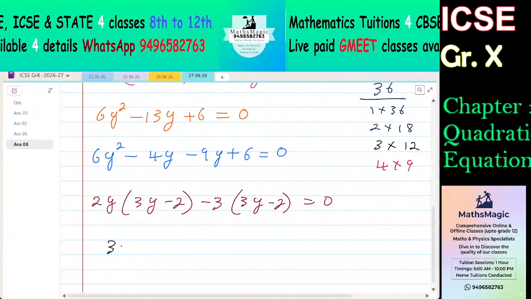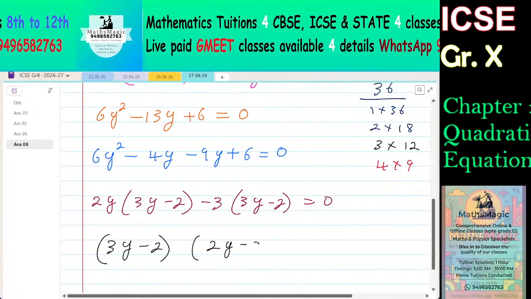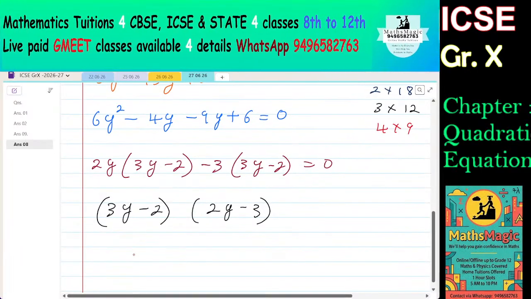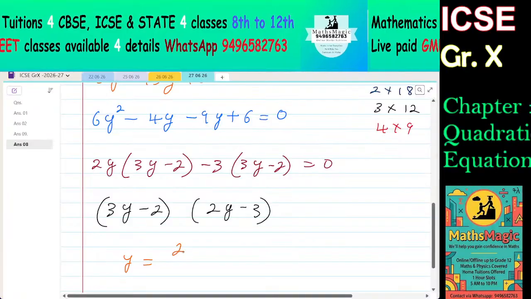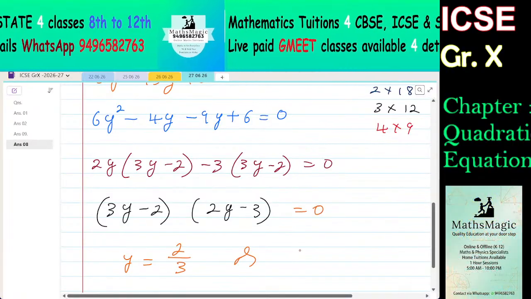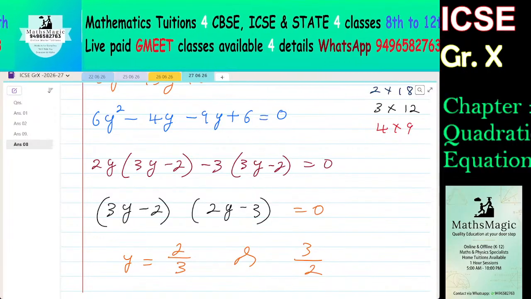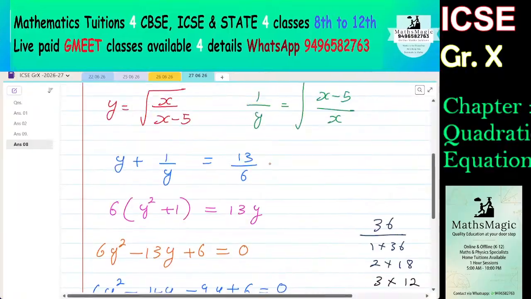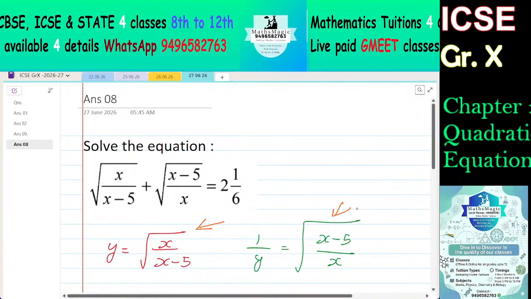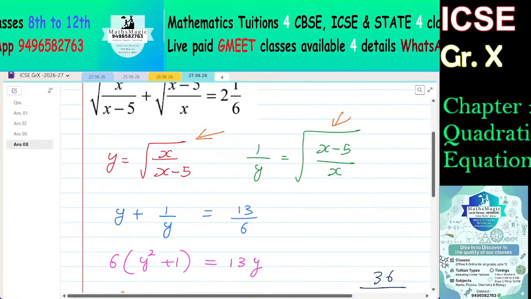Now you have (3y minus 2) times (2y minus 3) equals 0, y as 2 by 3 or 3 by 2. Again, if you make the same mistake of putting here one value and here one value, you won't be able to find the other two values. You have to substitute it properly.